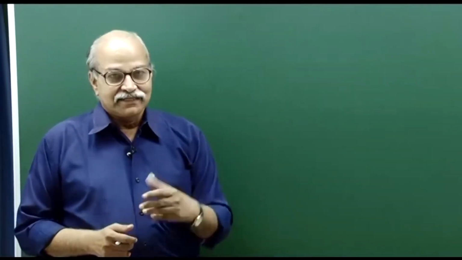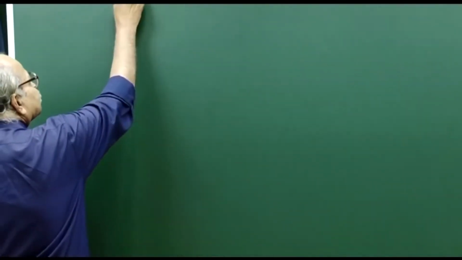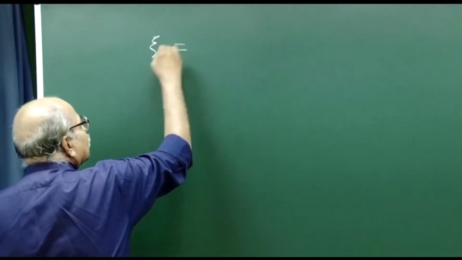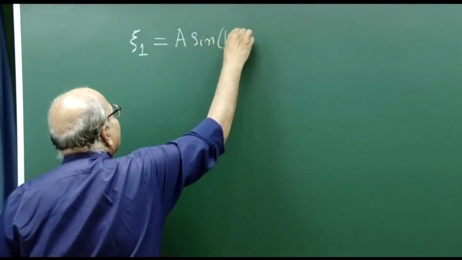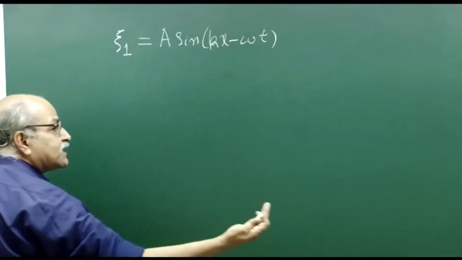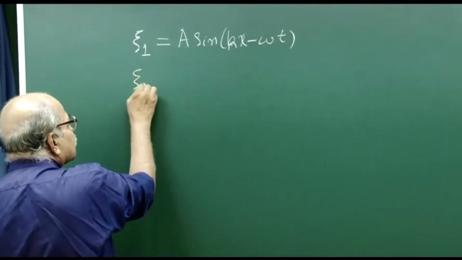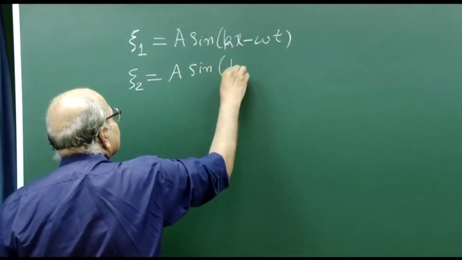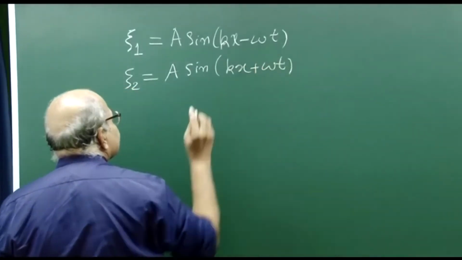Suppose you have two sine waves, one going in the plus x direction, the other in the minus x direction, one ongoing, another reflected. So, the equations you can write as some displacement. This is the ongoing wave: A sin(kx minus omega t), and the reflected wave, which comes in the negative x direction, has the equation A sin(kx plus omega t), that is, x minus vt and x plus vt.